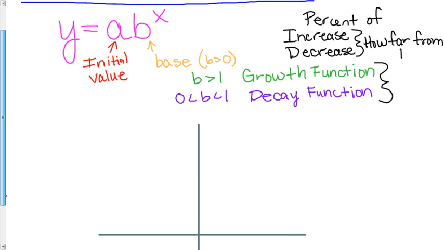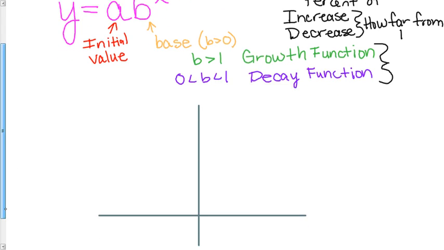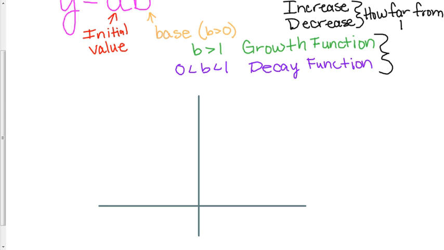Now, in looking at this function graphically, a growth function would run along the x-axis and curve and go upward like so. That coordinate where it crosses the y-axis, or the y-intercept, would be 0, comma, whatever your initial value is.